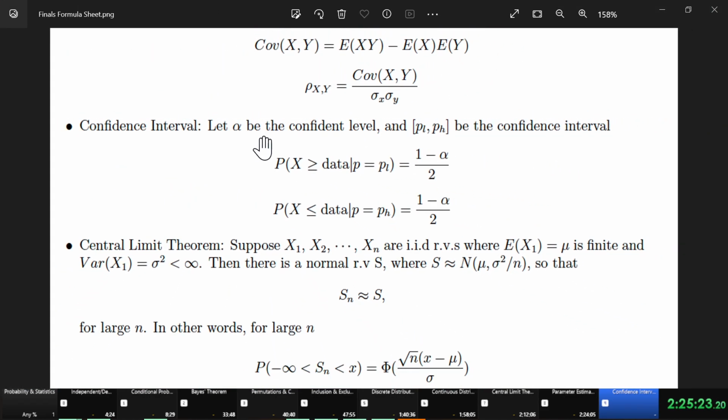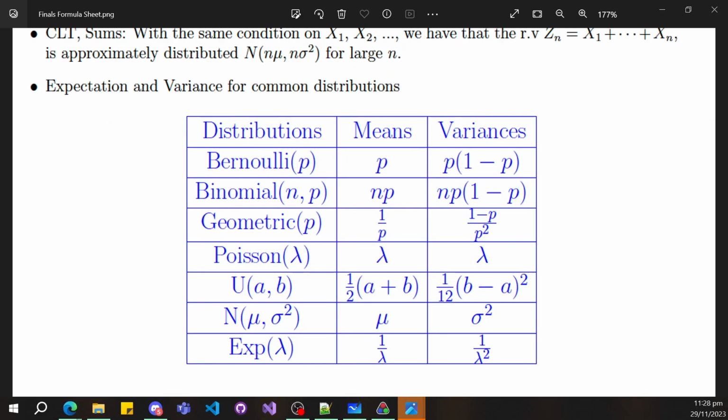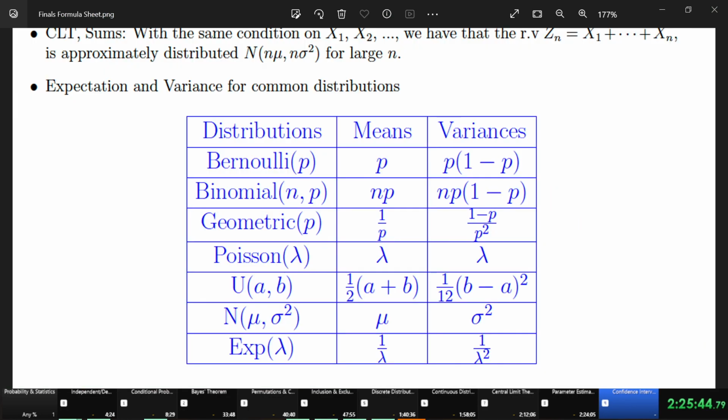This thing over here, confidence interval. If you're given a 95% confidence interval, alpha is 0.95. Then to calculate PL and PH, you just sub this in. And that's how you would get this.